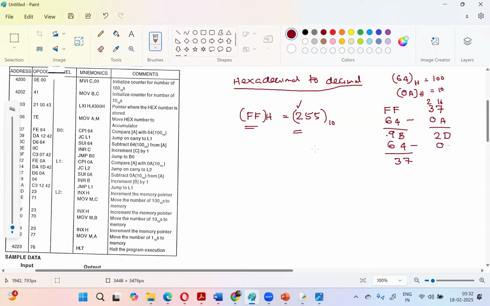Then once again you have to subtract, because it is greater than 0A. D, 13 minus A is 3, giving 23.